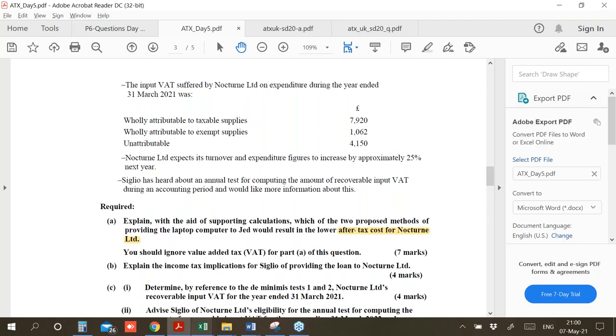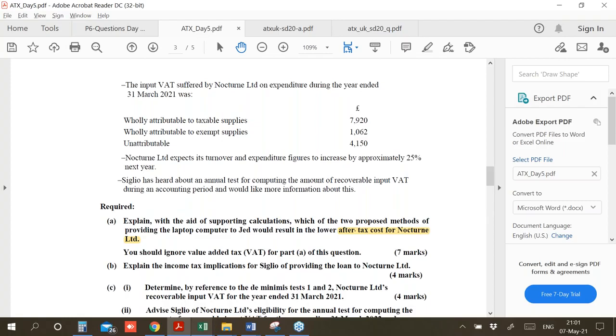If you calculate this and present this paper to him, he'll not even have a clue where this 314 comes from, what this 1650 is in one option, and why there is no saving in option A. So you then have to explain to him that because you are a close company and you're not even a director of the company, providing you the laptop will be considered a dividend distribution.